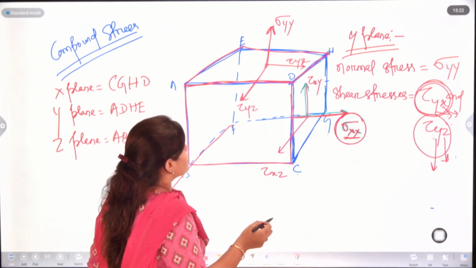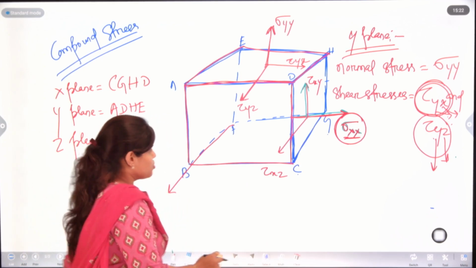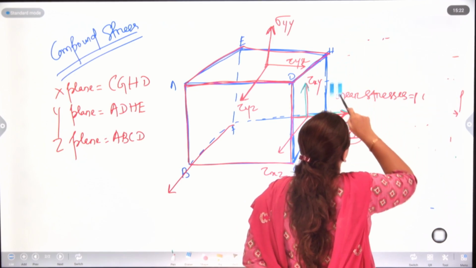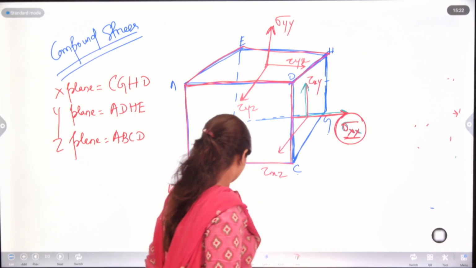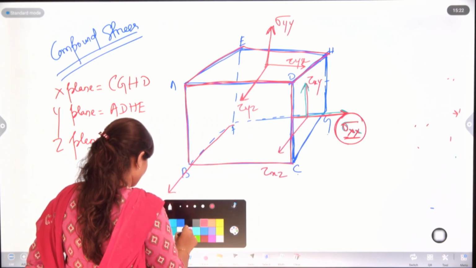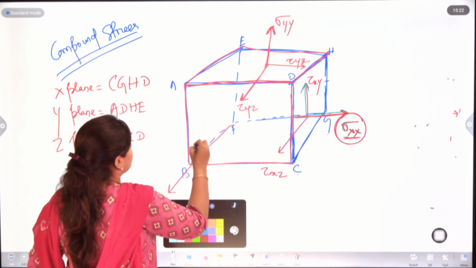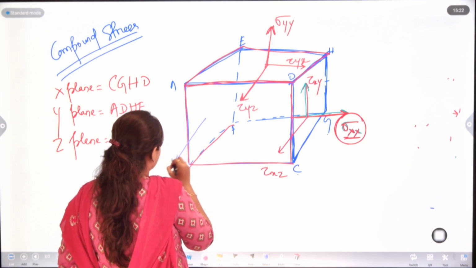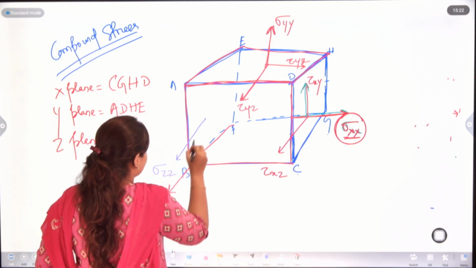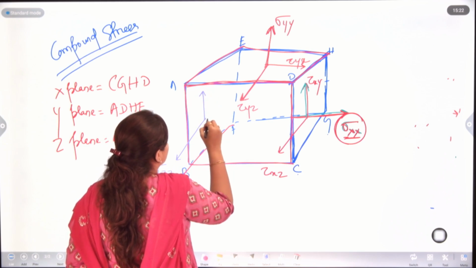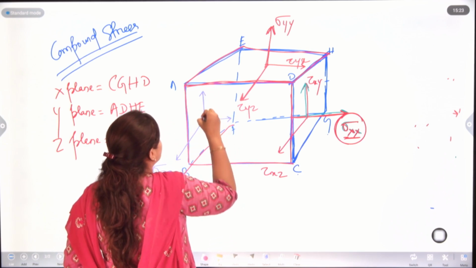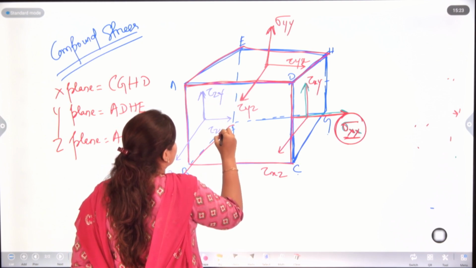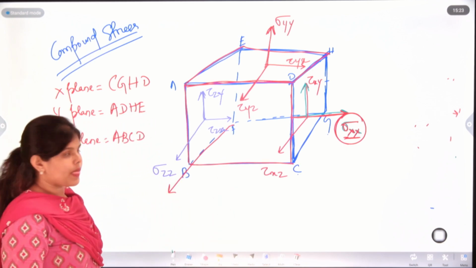So, likewise, we will find out in the z plane also. Here in the z plane, we will have one normal stress sigma zz and two shear stresses, that will be tau zy and tau zx.